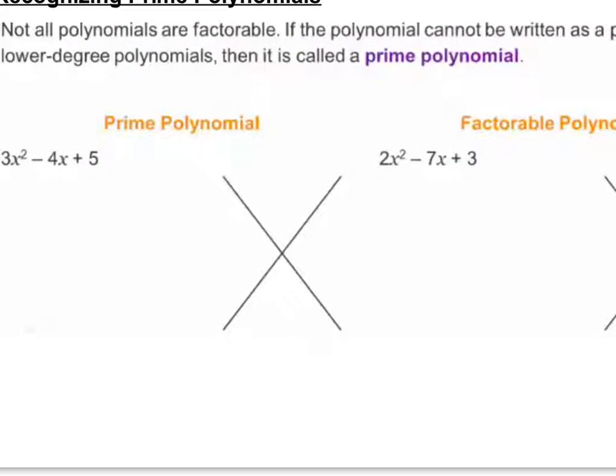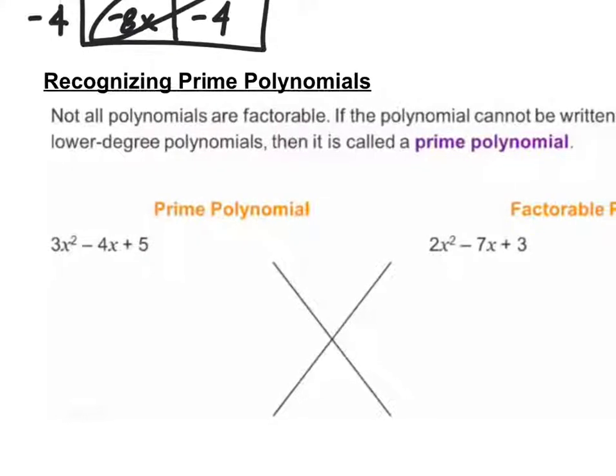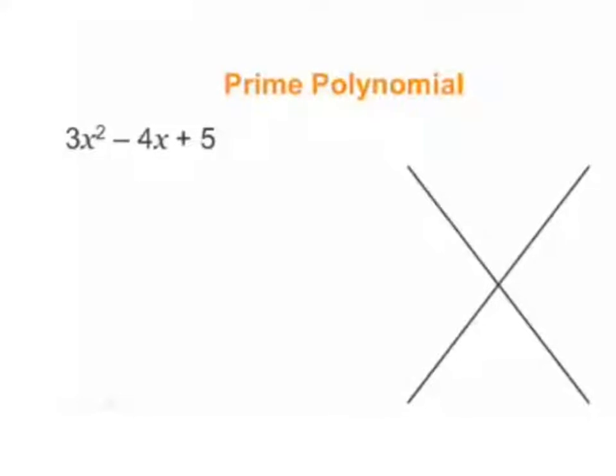Then we have something called recognizing a prime polynomial. Not all of these polynomials are factorable. Let's do the x method on this. Let's take 3 times 5, which gives me 15, and put negative 4 down here.